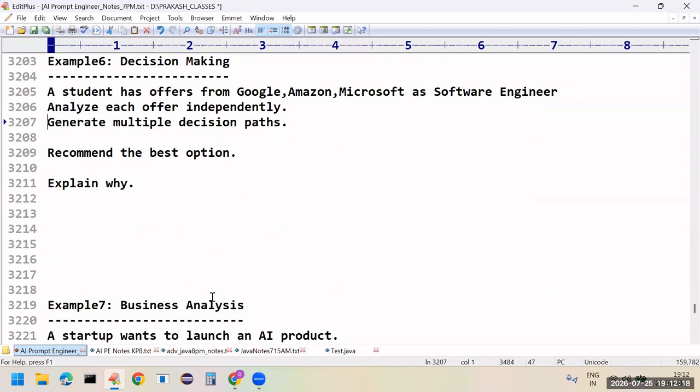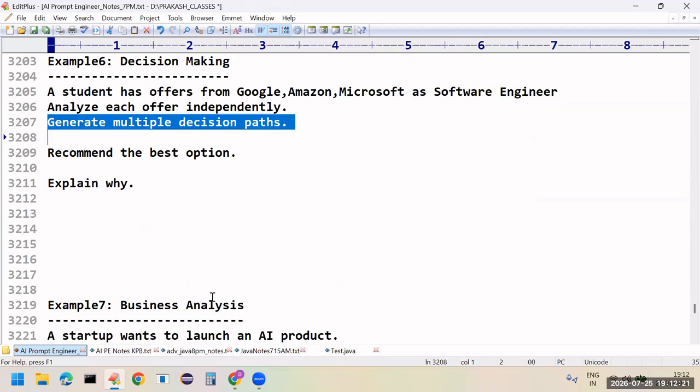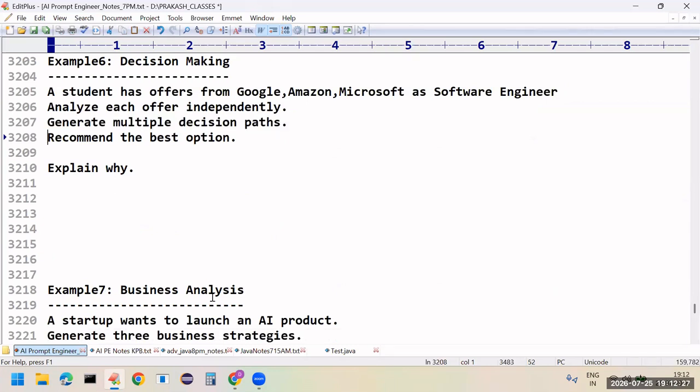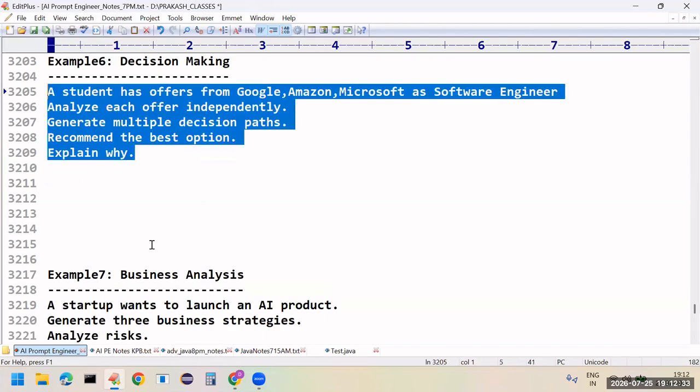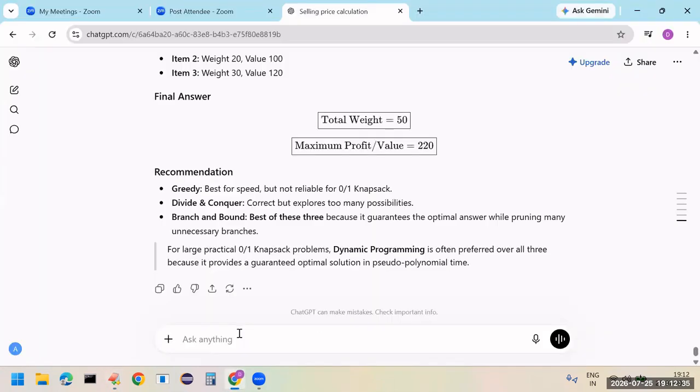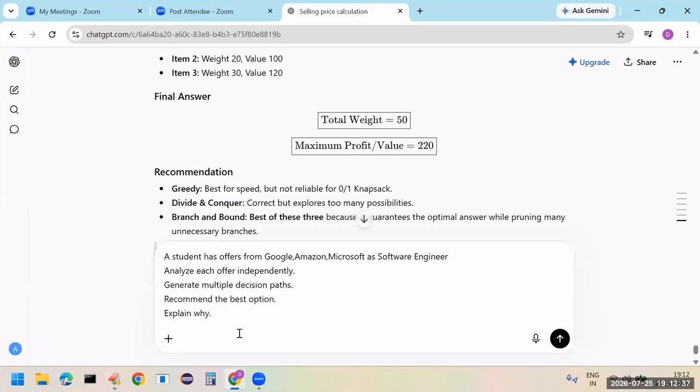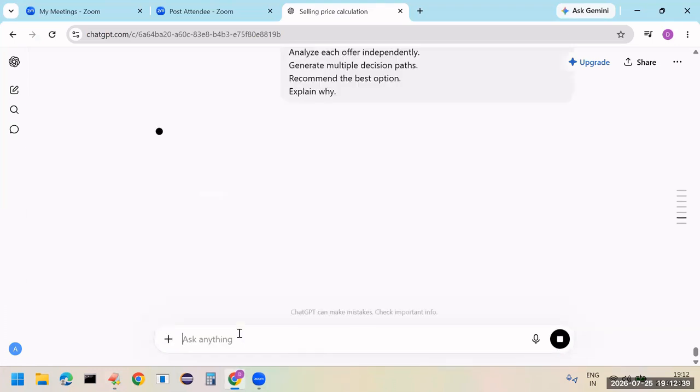Can you please look at those offers and generate multiple decision paths? I want to take the decision. Can you please recommend the best option and also give me why you have selected that? Now, I am not required to think or inquire. My ChatGPT will do it in the background.